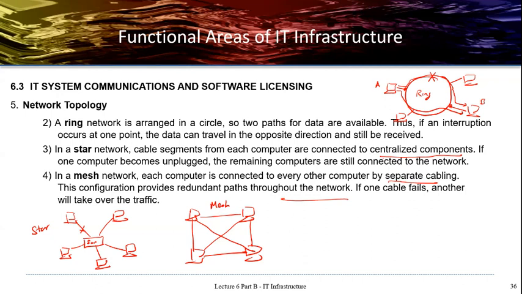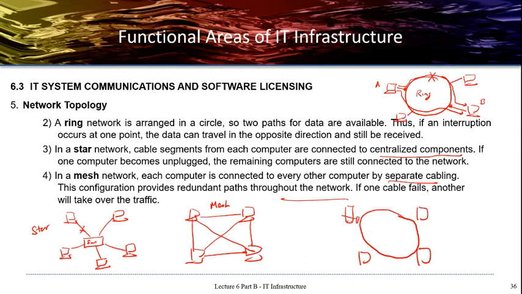Now, in practice, sometimes what you have is a combination of these. Let's say you have one building here, one building there, one here, one here. We draw a ring connecting those buildings.